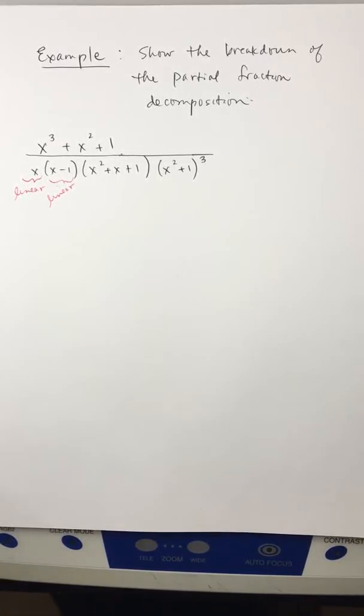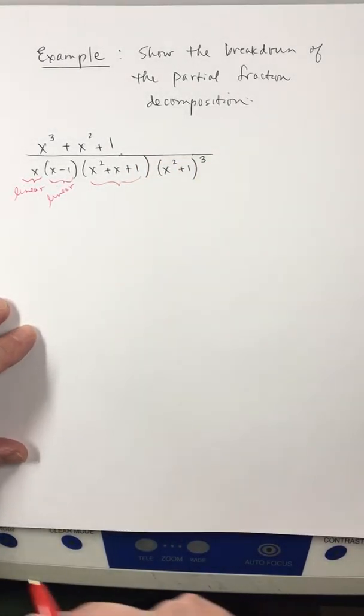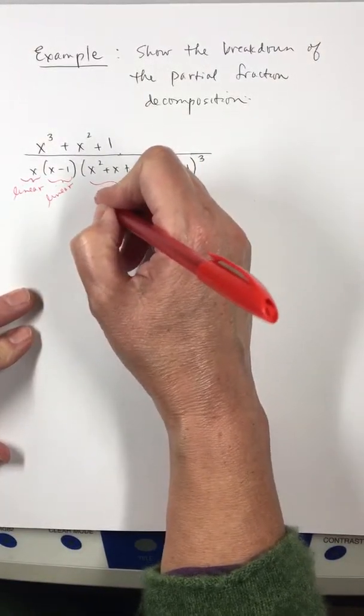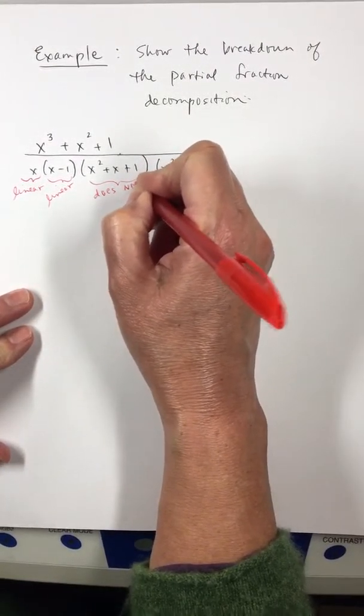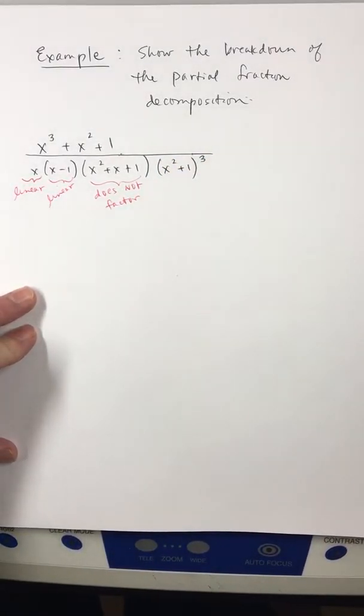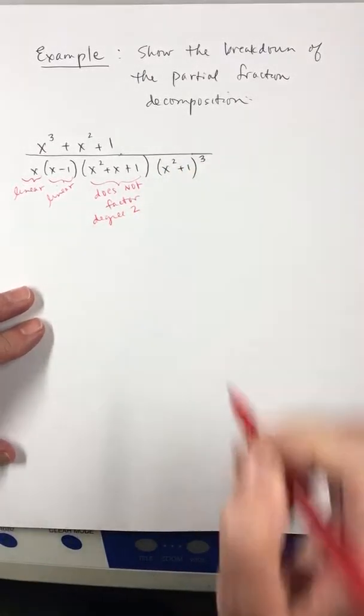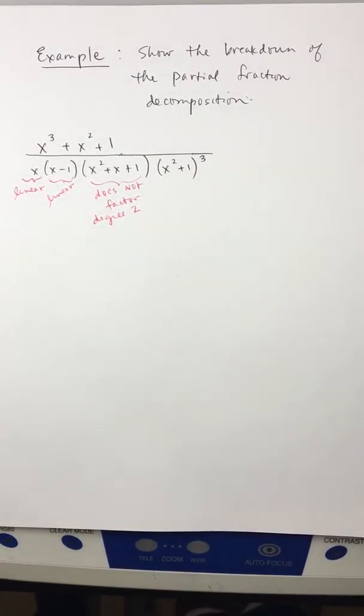Will that factor? No. So this is not linear, and it does not factor. What's the degree? The degree is 2, the highest exponent in that polynomial that will not factor.